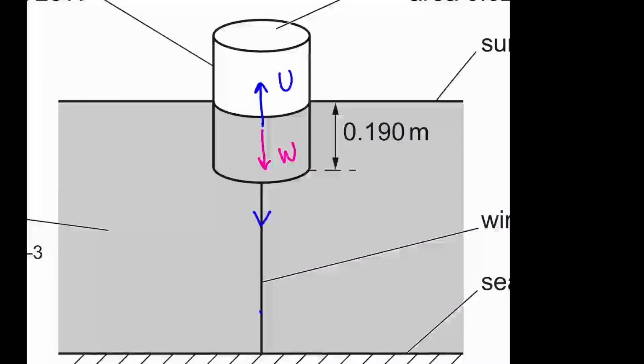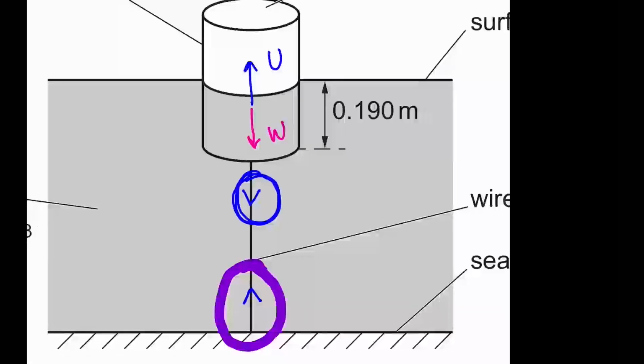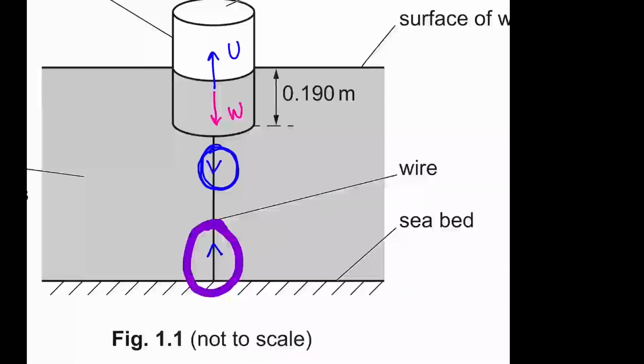Down. So when you mark the tension, it is always two inverted arrows, right? That's how we always mark the tension. This arrow, the one on the top, says the tension on the cylinder is downwards. This arrow says the force on the seabed is upward.